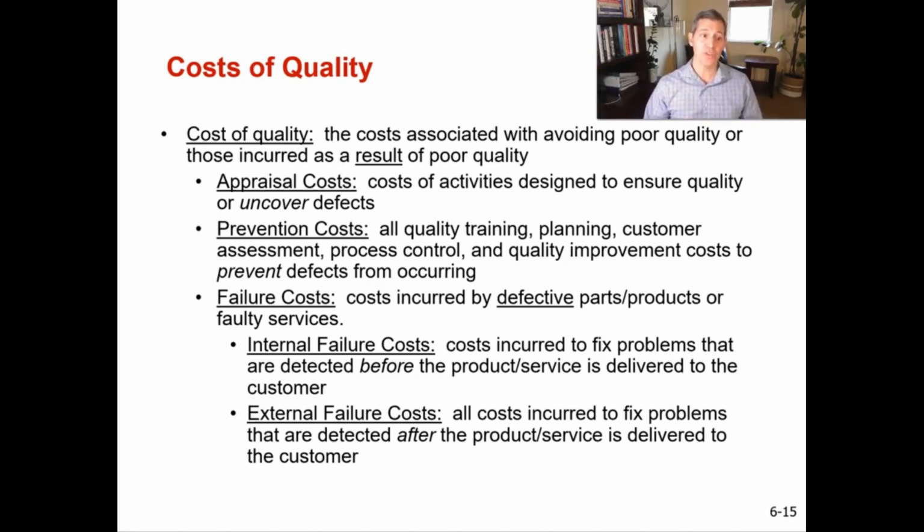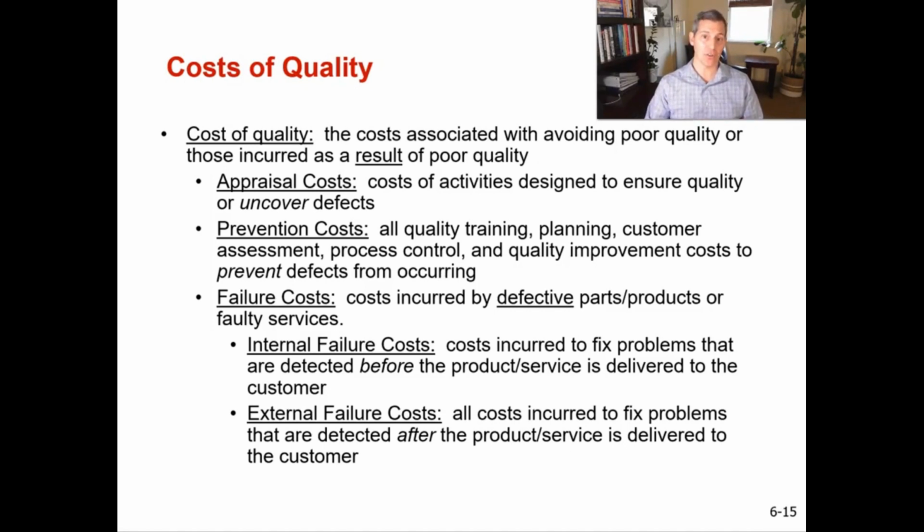The opposite of that is when you have a failure cost, but you don't realize it, and it ships to your customer. That is the cost of fixing problems that are detected after your customers receive them. Without question, external failure costs are the most expensive because now your customers have them in their hand, and most of the time you either have to recall those products or they return those products, and that's going to cost the organization shipping, rework, warranty, all those expenses.